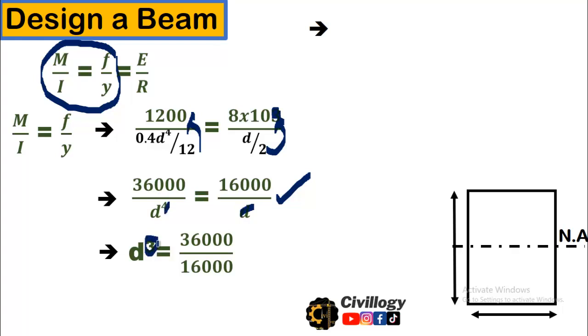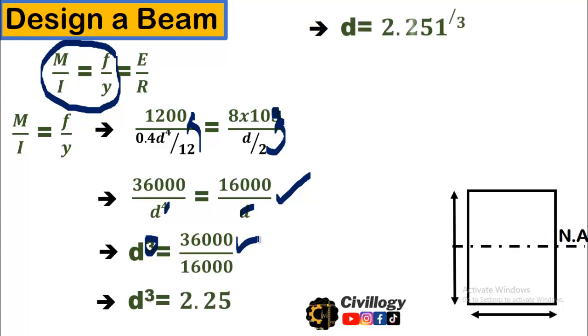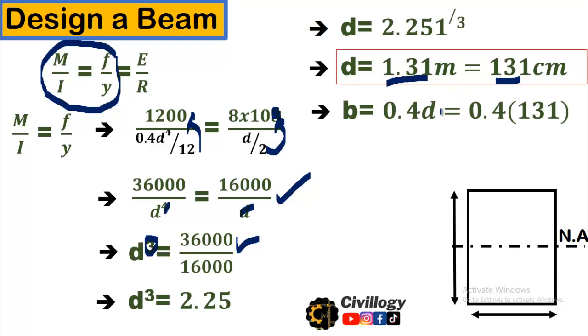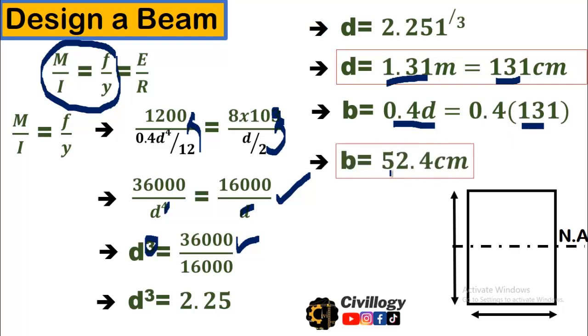Okay, and d cube will be equal to 36,000 divided by 16,000, and by taking the cube root we will get the value of d, which is equal to 131 centimeter or 1.31 meters. Now, as we know that b is equal to 0.4 times d, by putting the value of d, we will get the value of breadth, which is b, and it comes out to be 52.4 centimeters.